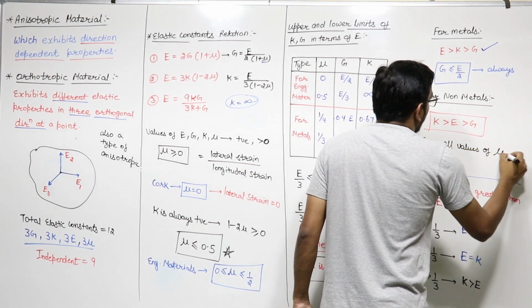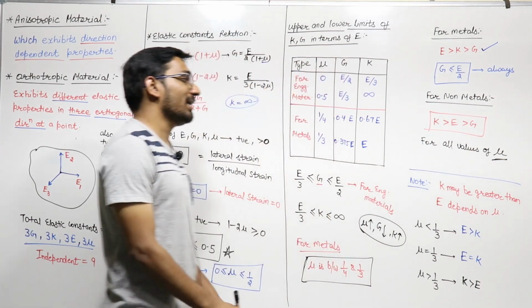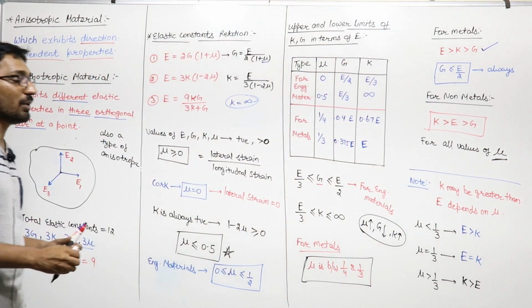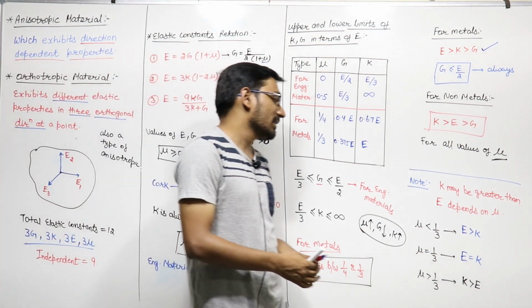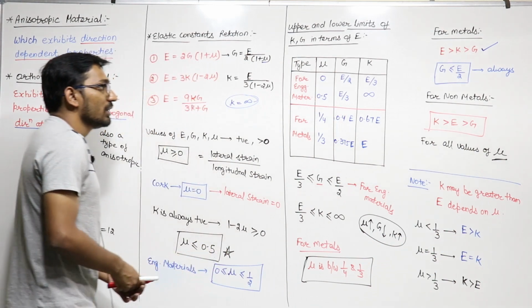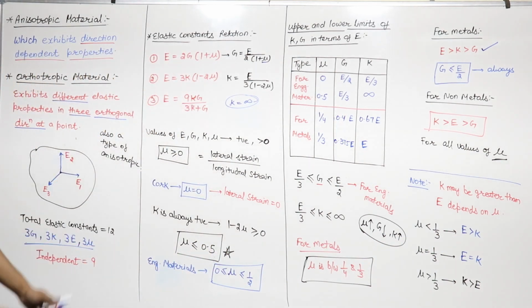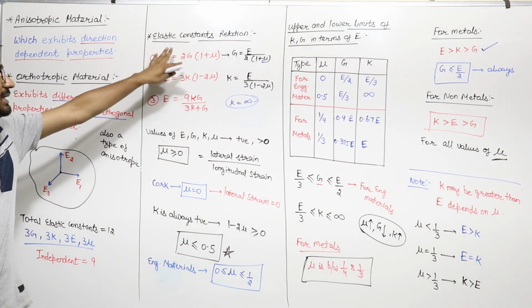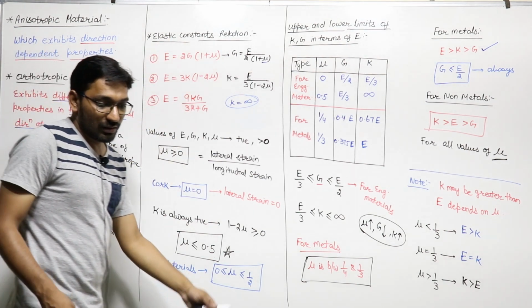Right, for non-metals this relation does not depend upon mu, but for metals the relation between E and K depends upon the mu value. So these are the relationships between E, G, K and mu. You have to learn these three relations.